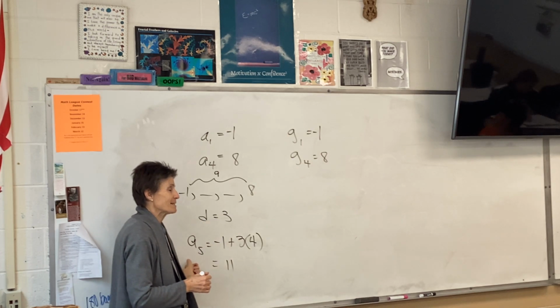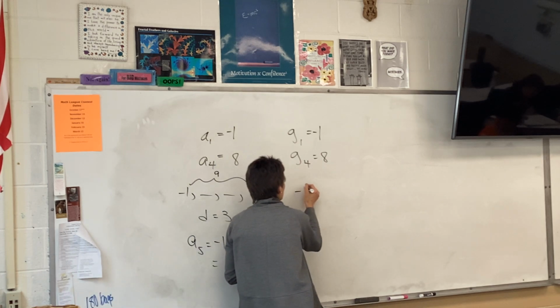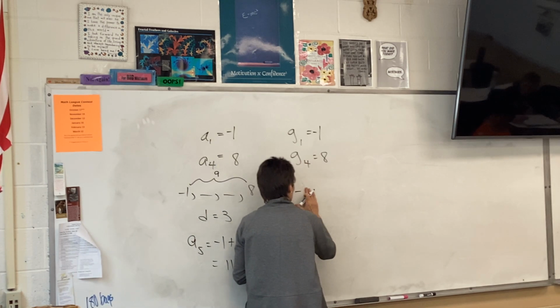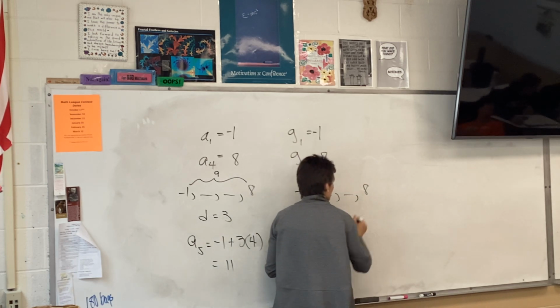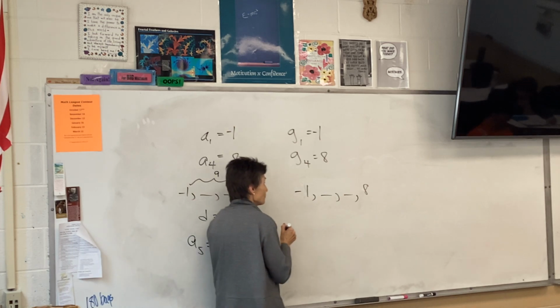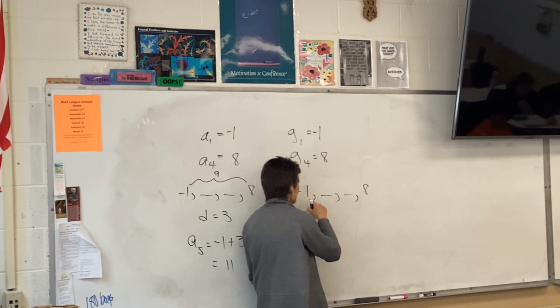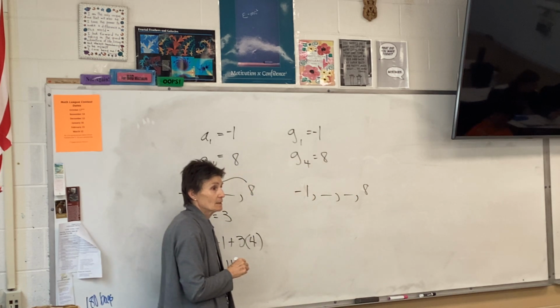Okay, does this make sense to you? Okay. So now I'm going to look at my geometric setup. So I have the same scenario, only this time I have to multiply to get from here to here, right?